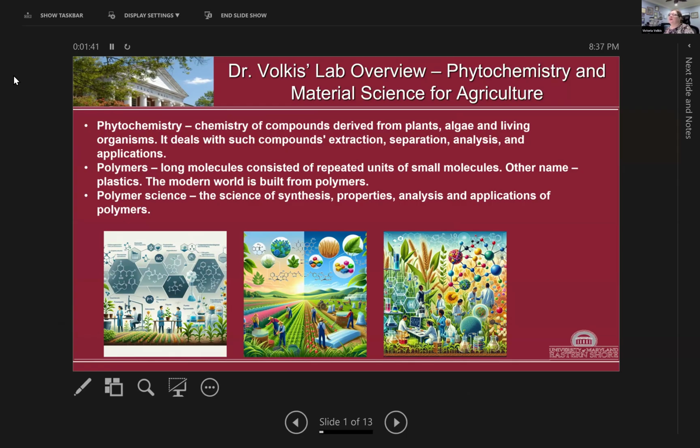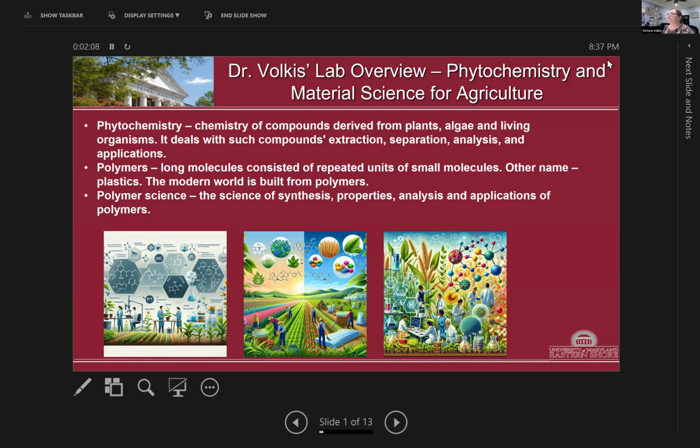One is called phytochemistry, and it's actually the chemistry of all chemical compounds that can be derived from plants or algae or roots or medical herbs or even any kind of living organisms. And indeed, it deals with those compounds in several ways.